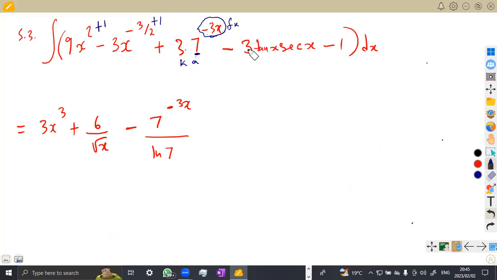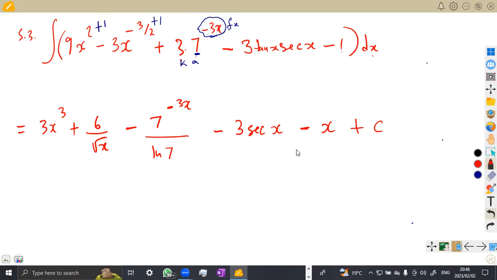All right, but there's already a negative there, so we just write that negative as it is. So it's negative 3, but remember we said this is sec x. Minus 1, which is a constant with respect to x, so you just multiply with x, so it's negative x. Plus the constant of integration. Don't forget the constant of integration.